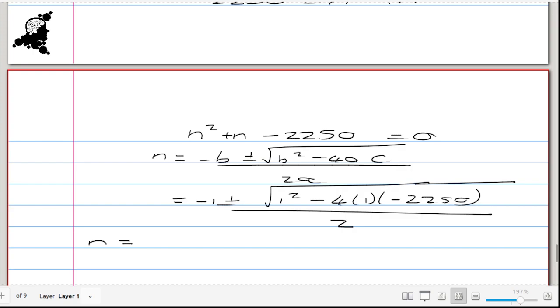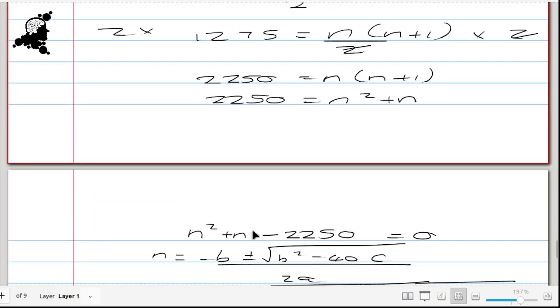So n is going to be equal to negative 1 plus or minus the square root of, this is 1, and then 4 times 2250, let's see, 2550. Oops, I made a little bit of a typo in this question. Let me quickly correct my error. Sorry about this. Where is my eraser? There.